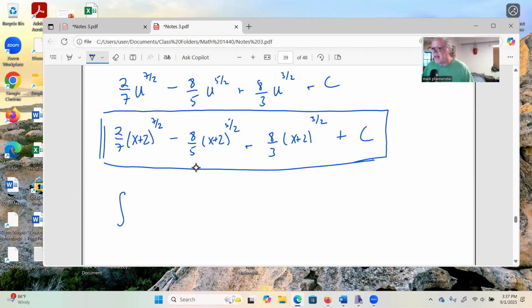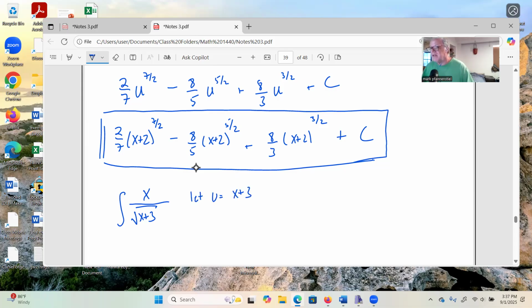We have x over the square root of x plus 3 on the bottom. So let's see what we're going to have here. Normally you would say let u equal x plus 3.